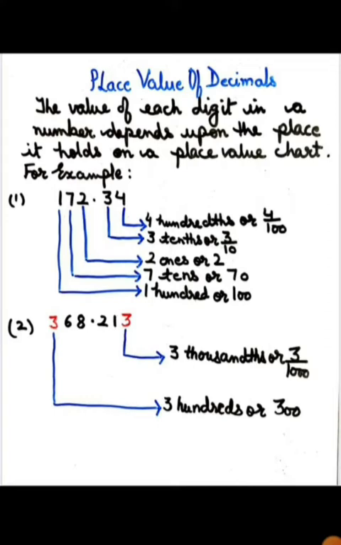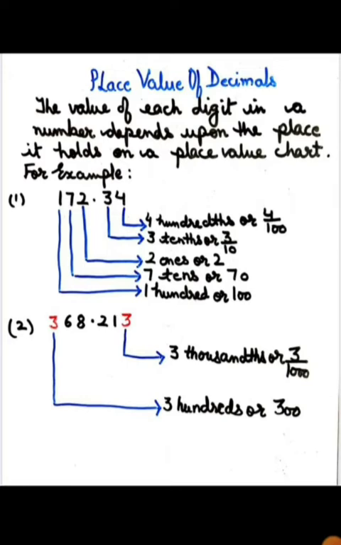For example, the given number is 172.34 and you have to write the place value of each digit in this number. So, in order to write the place value, we will first of all start from the left side of the decimal. The first digit on the left side of the decimal is 2 and its place value is ones.